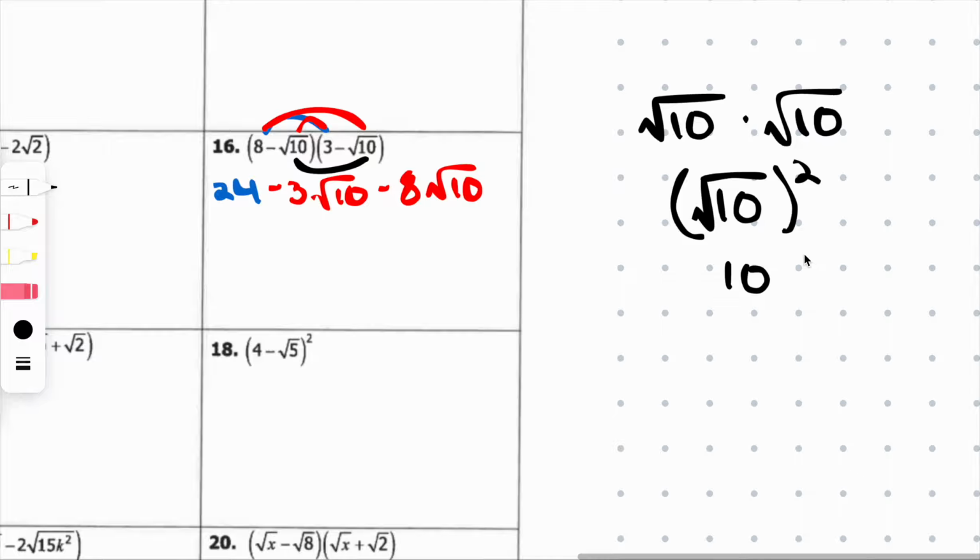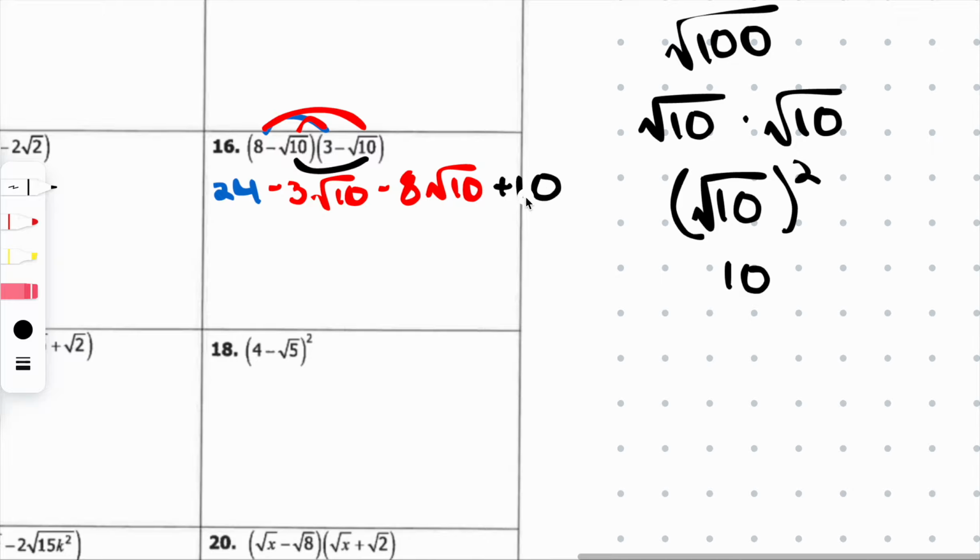So that gives us 10. We can also think of this as the square root of 100 because we multiply 10 times 10, and that's just going to give us 10. Now, notice we have negative signs out in front. So when we multiply a negative times a negative, that's a positive. So we're going to add 10 to this.